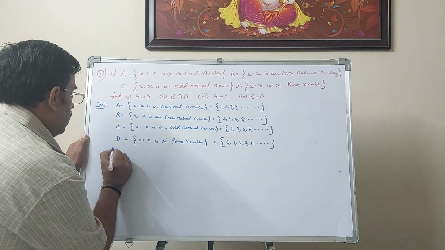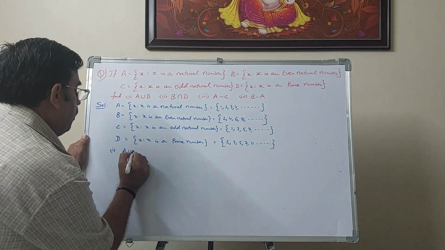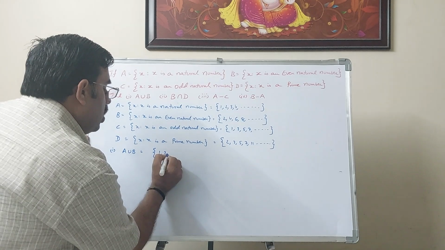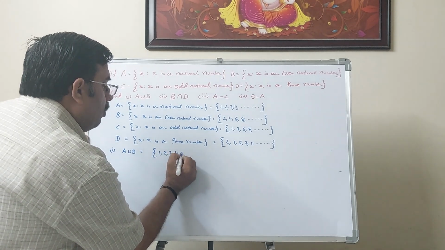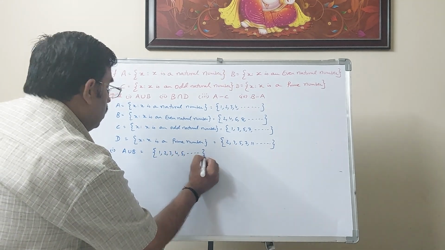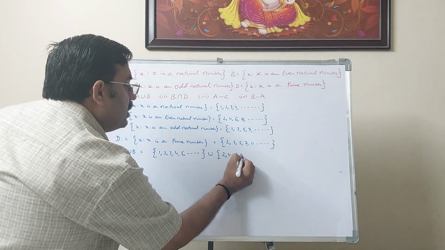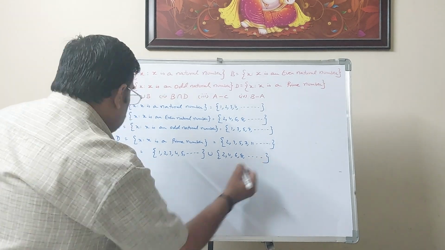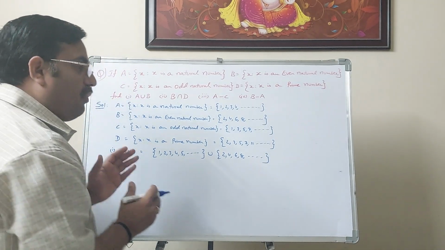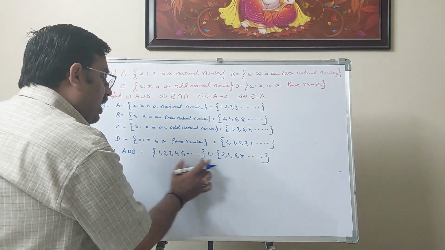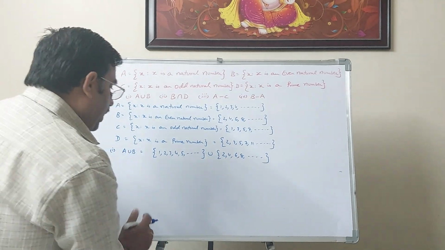Now the first question is A union B. How do you write it here? A means 1, 2, 3, 4, 5, and so on. Union B is 2, 4, 6, 8, and so on. For the union, you have to write all the elements of both sets A and B, and the elements should not be repeated.